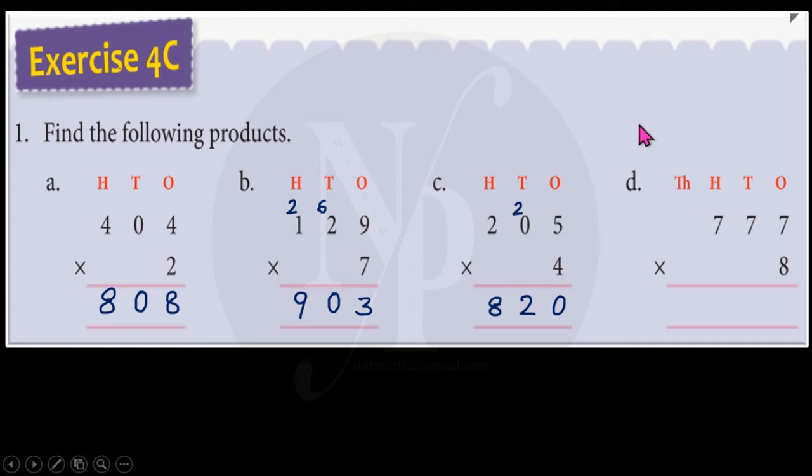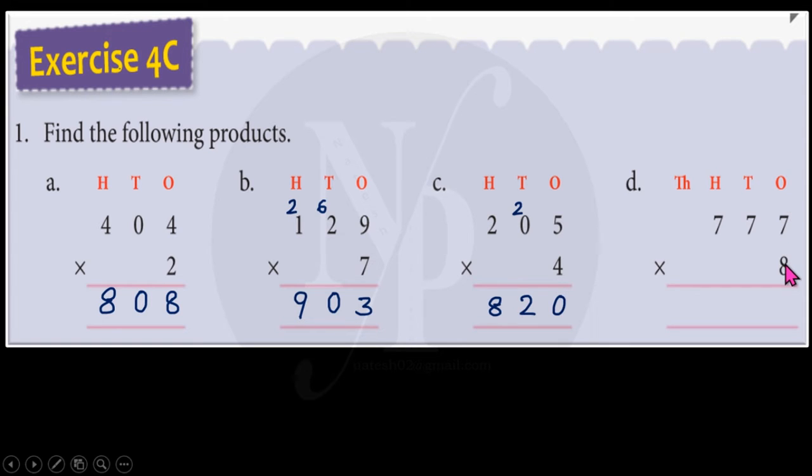Now let us move to the next question. D. 777 into 8. So we multiply the digit at ones place by 8 first. We begin from ones place.